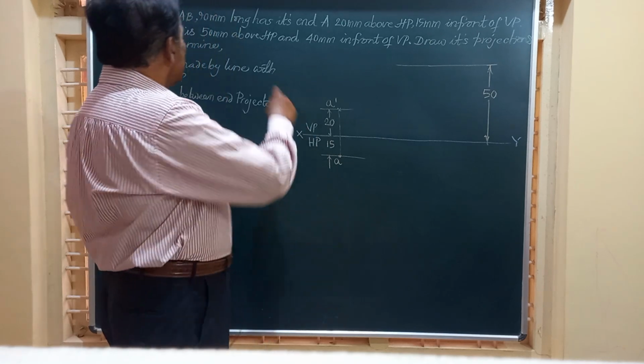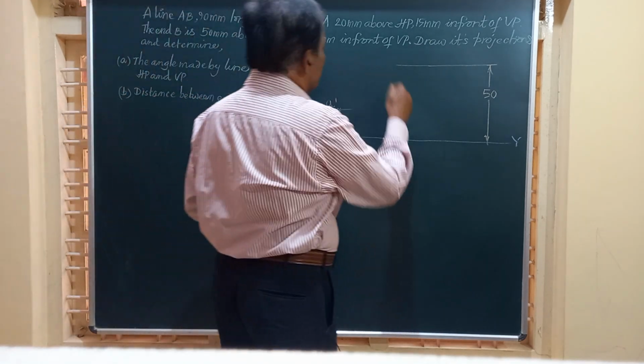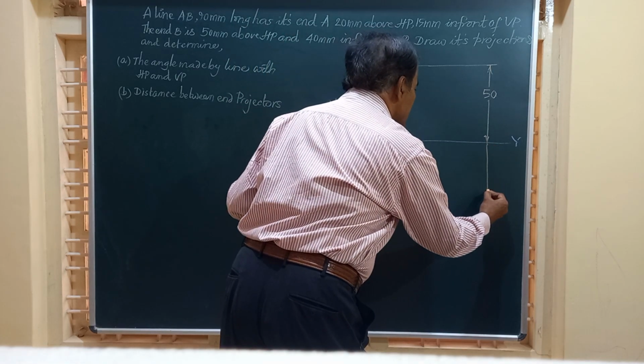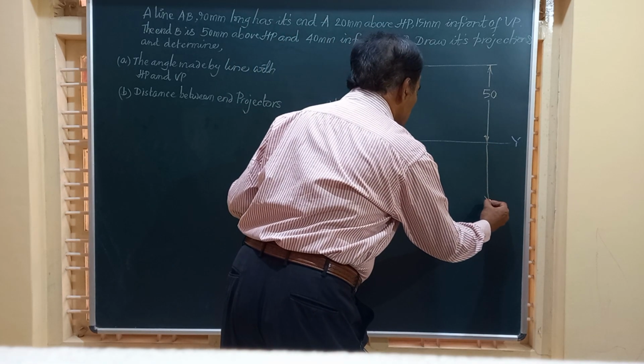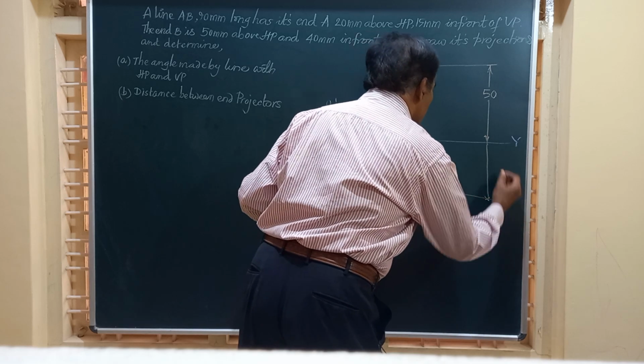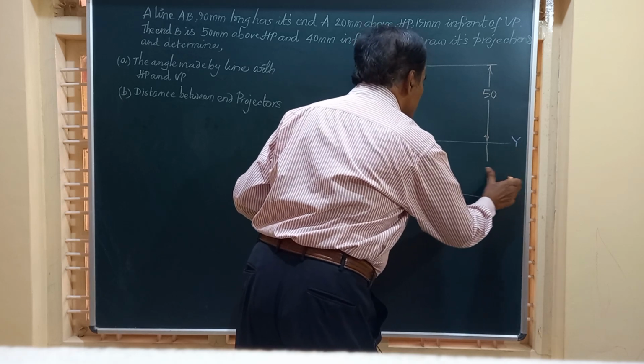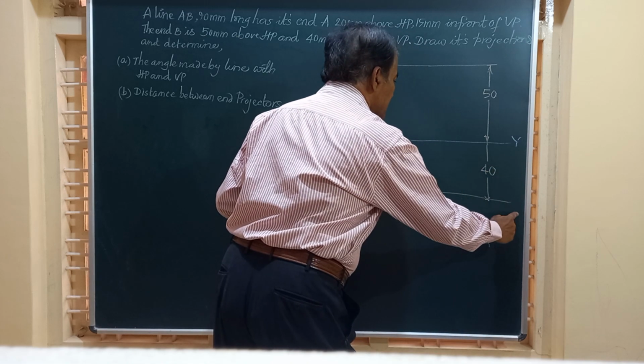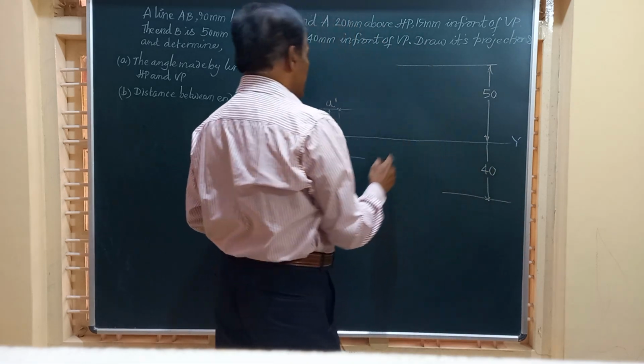Now friends, the same end is 40 in front of VP. So say this is 40 in front of VP. This is also the locus of the end B.